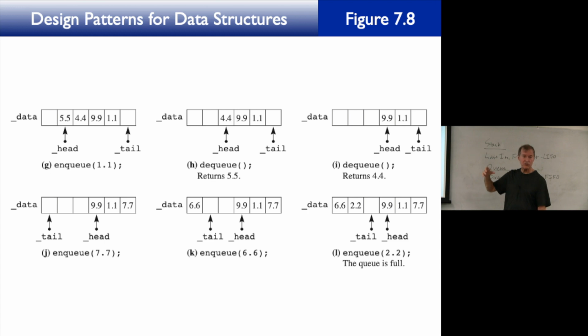So whenever the user specifies the capacity of the queue, what the code is going to do is give an array with 1 more, so that as far as the user is concerned, the capacity of the queue is what the user specifies. But the actual array T is going to have 1 more.